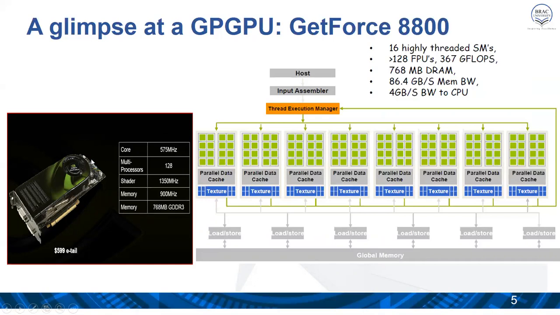The core processing speed is 575 megahertz, the number of processors in a multiprocessor unit is 128, the shader speed is 1350 megahertz, the memory speed is 900 megahertz, and the memory size is 768 megabytes. And this is the structure of this GPU.